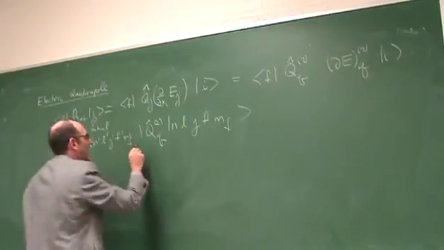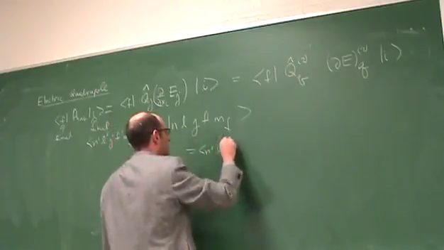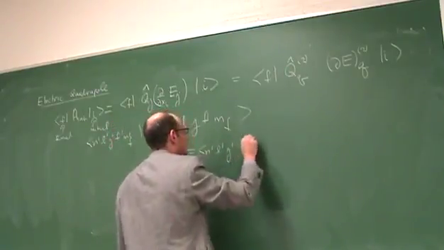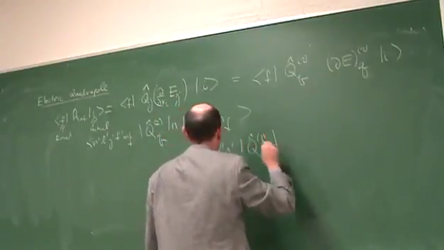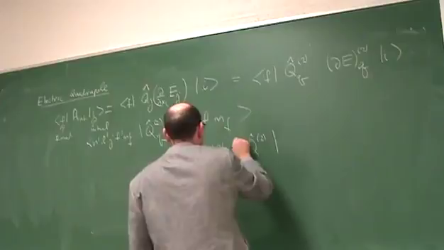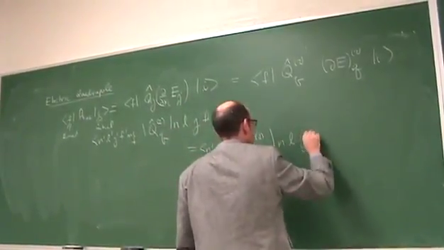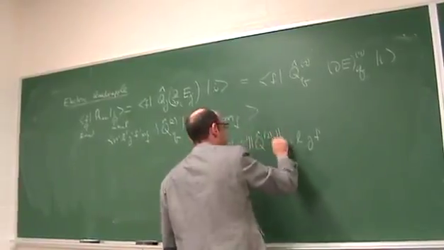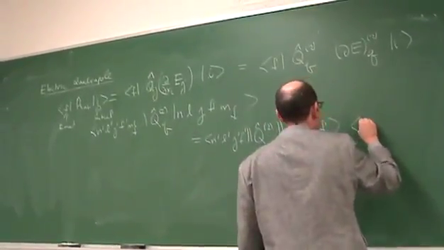According to the Wigner-Eckart theorem, this is the reduced matrix element times the Clebsch-Gordan coefficient.